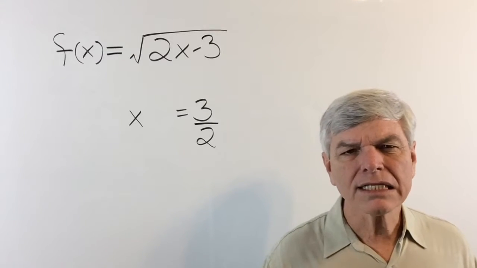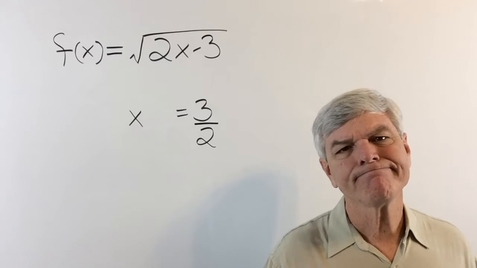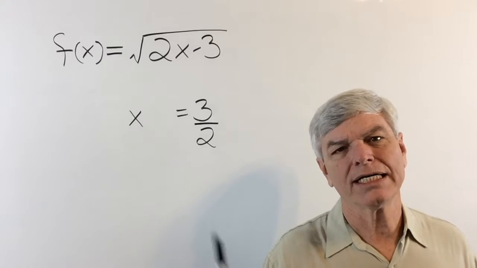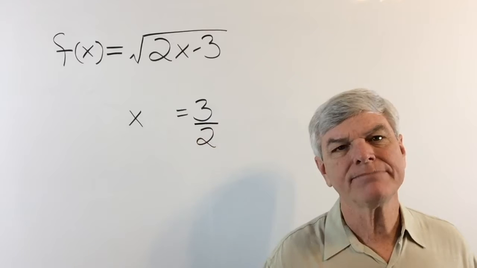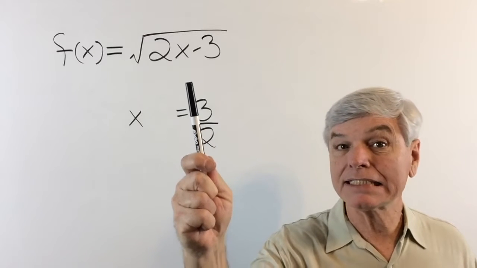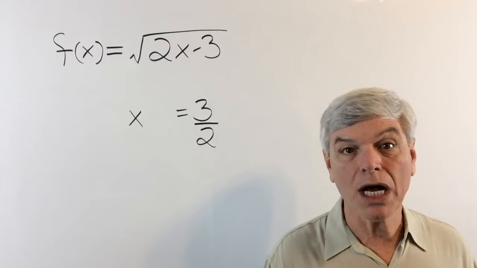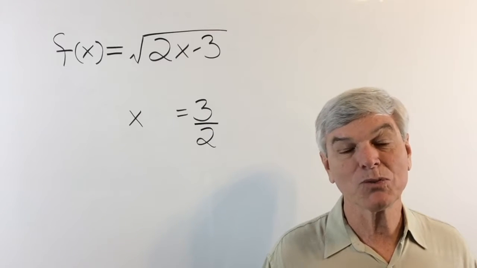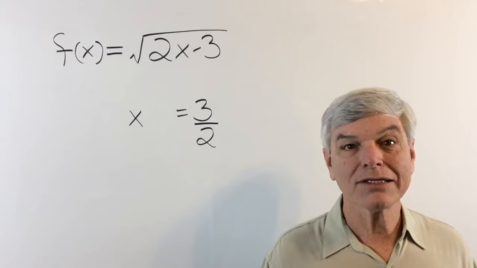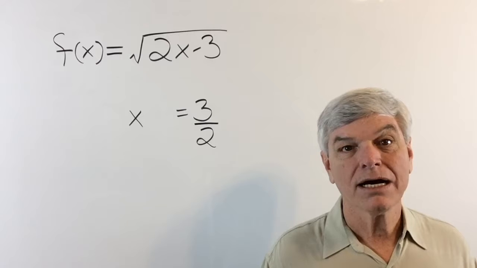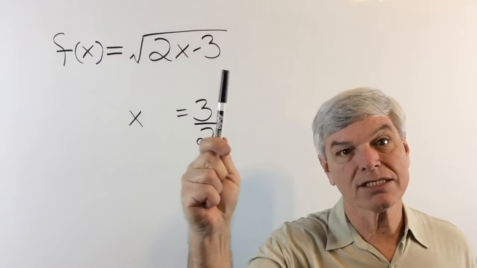And by the way, let's just make this root negative. What if x was 1? Okay, 2 times 1 is 2. 2 minus 3, see, that's a negative root. We had a positive number for x. We had 1. That's positive, but the root was not positive. I don't care what x is. I only care that that root is positive. So make sure that this root ends up being positive.